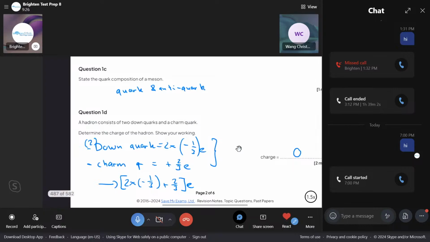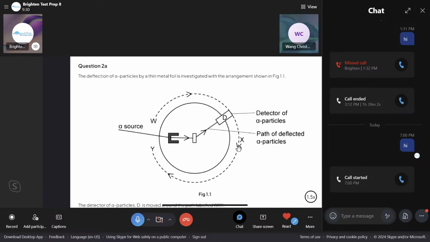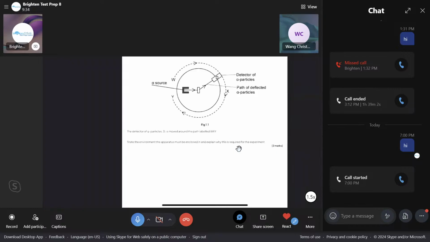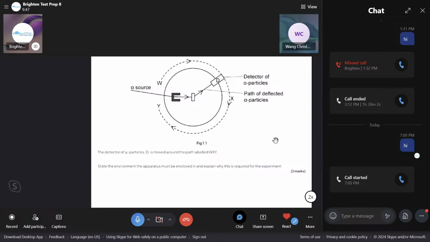Okay, now we go into a little bit of an experiment. We have the thin metal foil, but the arrangement is a bit different than what you may have seen before. It gives you time to read the whole thing. There's a bit of information overflow.